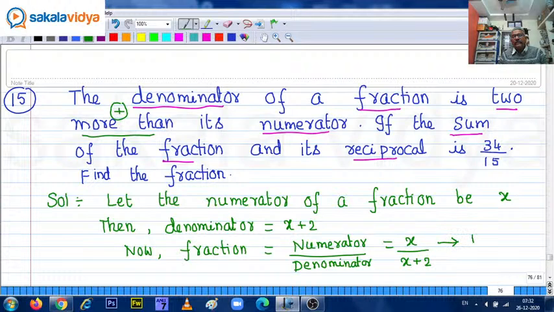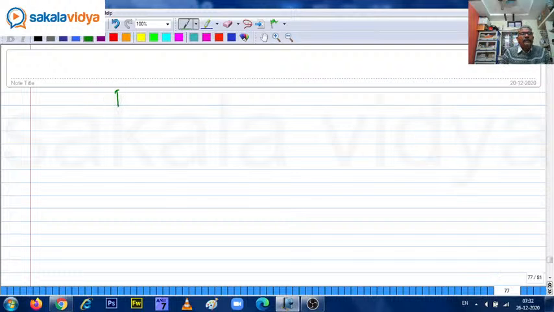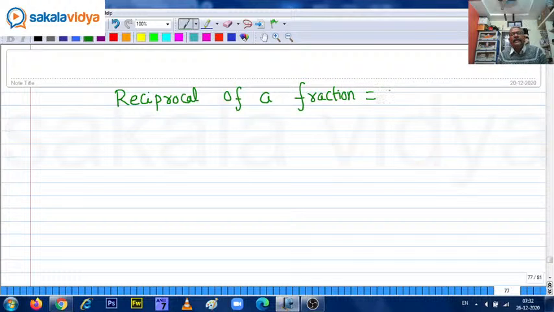Say equation 1. Now the reciprocal of the fraction: the numerator becomes the denominator and the denominator becomes the numerator, so it is x plus 2 upon x.